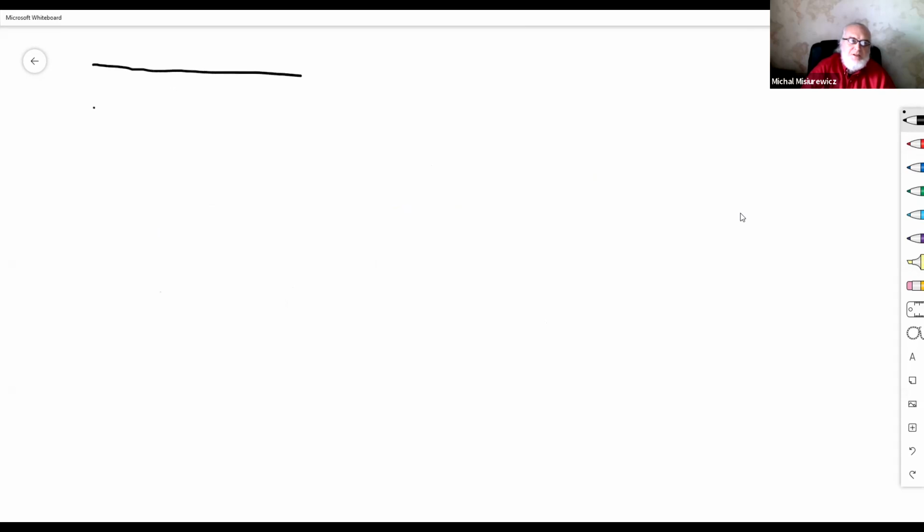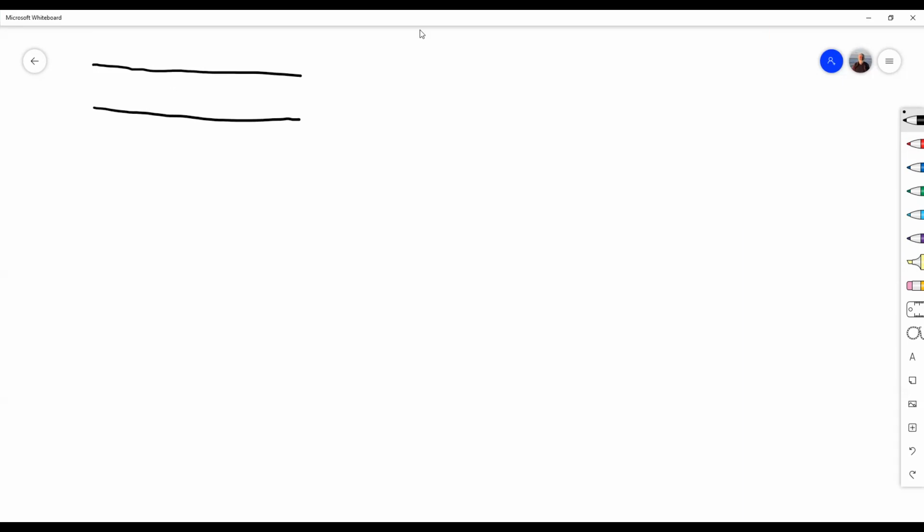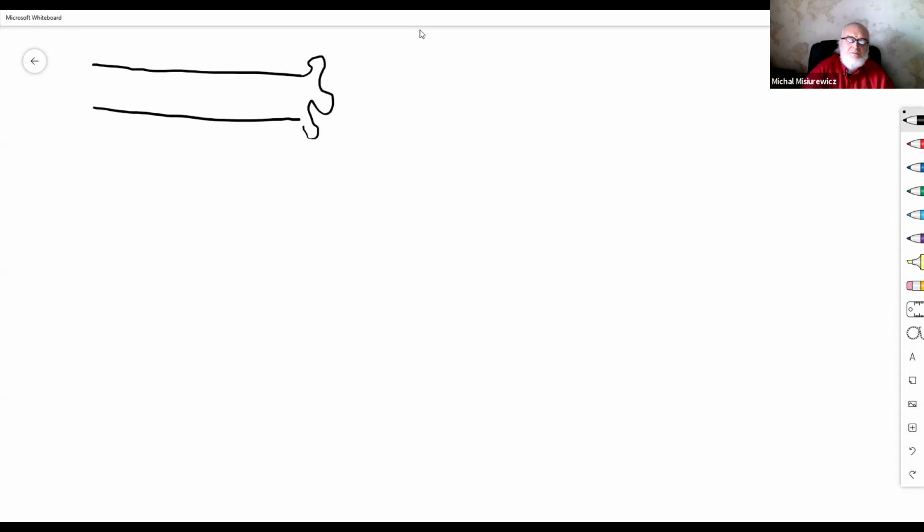Okay, so suppose this is a straight line, and suppose they are horizontal. You can kind of turn your monitor a little bit. And suppose we have a billiard where here we don't have a semicircle, but we have something strange.